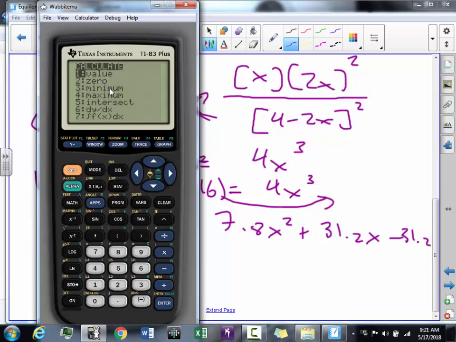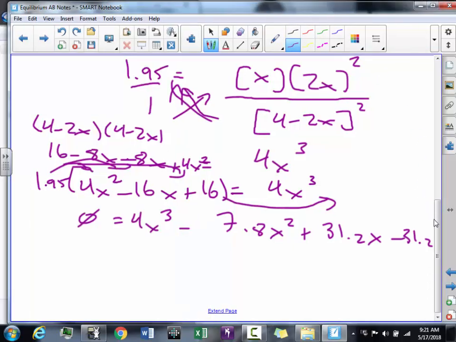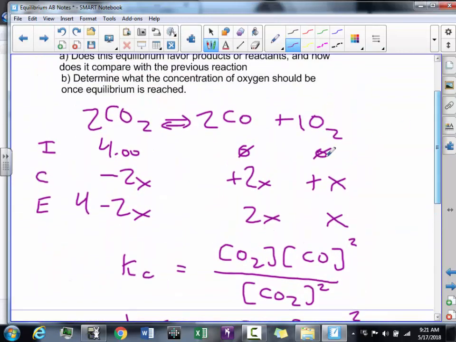A couple things I want to change though before I get there. X is what we're solving for. I can actually tell you the maximum value of x that's allowed. The maximum x value that's allowed is 2. Can someone explain to me why x cannot be more than 2? Yep, good.